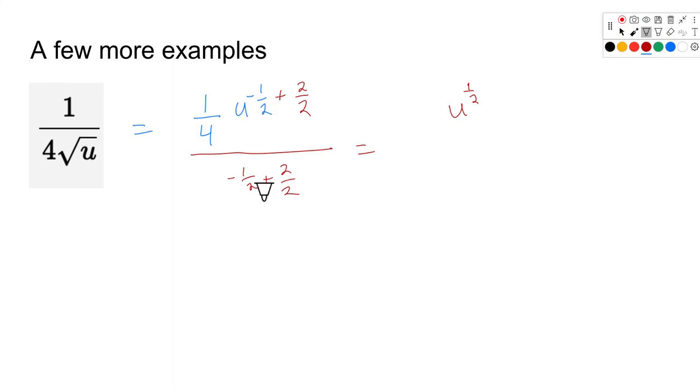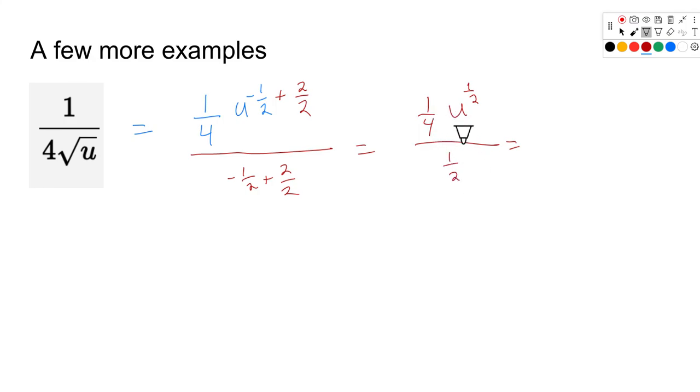Still have this 1/4 in the denominator. I'm going to get positive 1/2. Let's see, this 1/4. And so let me see.